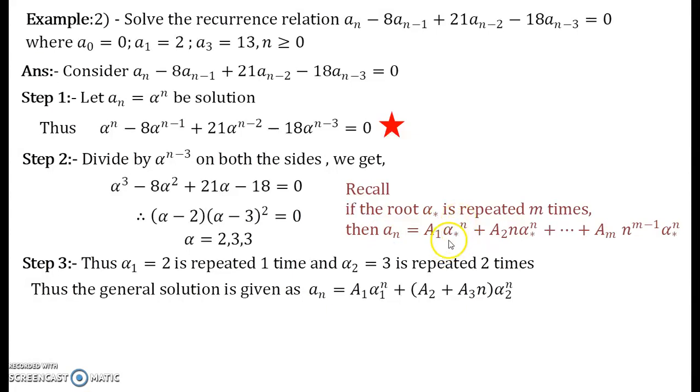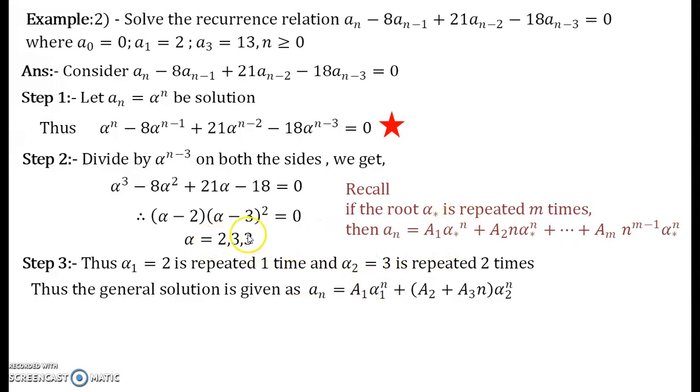You only write this expression up to as many terms as the number of times the root is repeated. There are as many constants as the number of times the root is repeated, so there will be only one constant, a1.